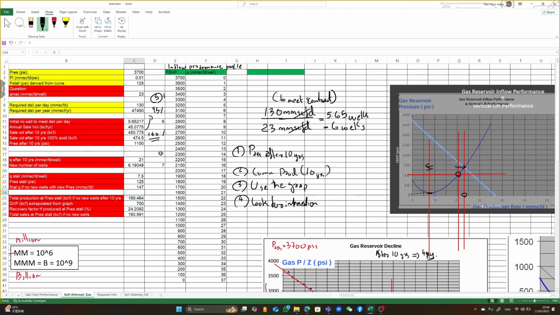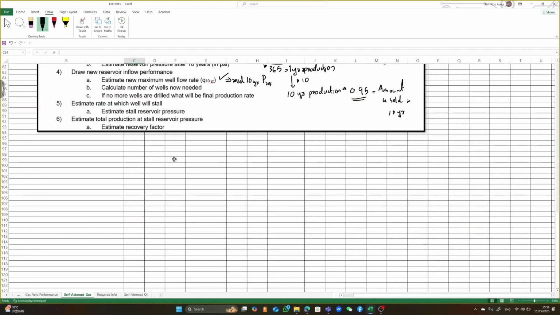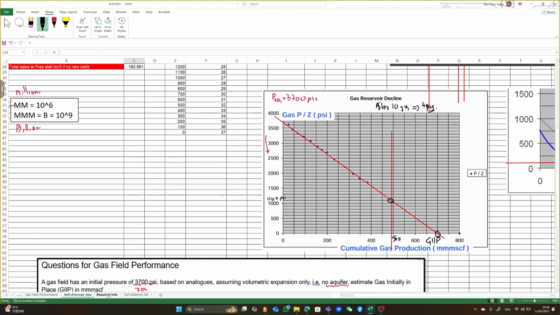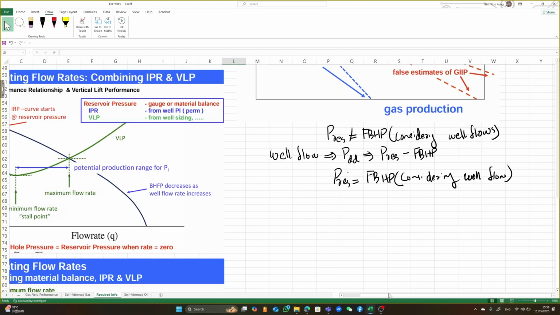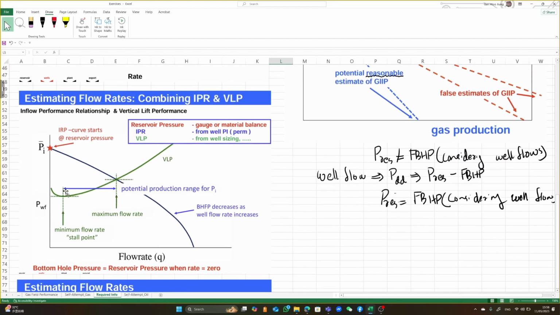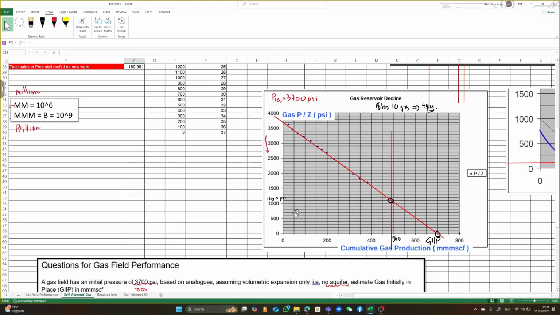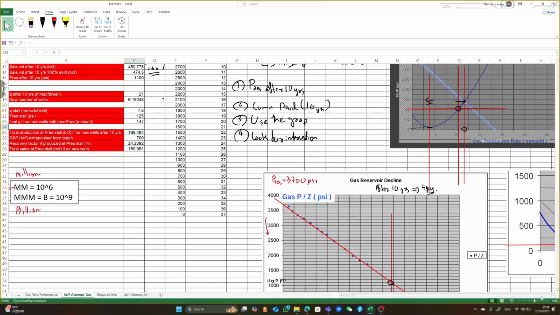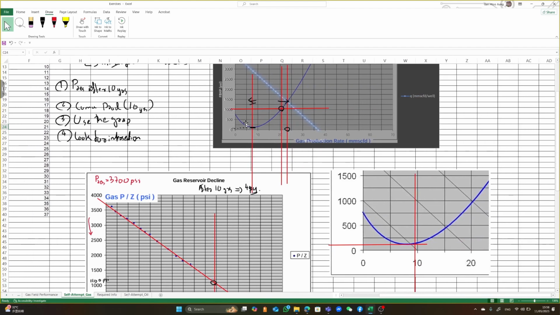And okay, so we have done this as well, and it asks us to estimate the rate at which the well will stall. Okay, this is quite simple. Let's go ahead and look back over what we have discussed. The well is going to stall at the bottom of this vertical lift performance curve, which is the green one. In our case, this blue one, and we have a zoomed in picture of this vertical lift performance curve.